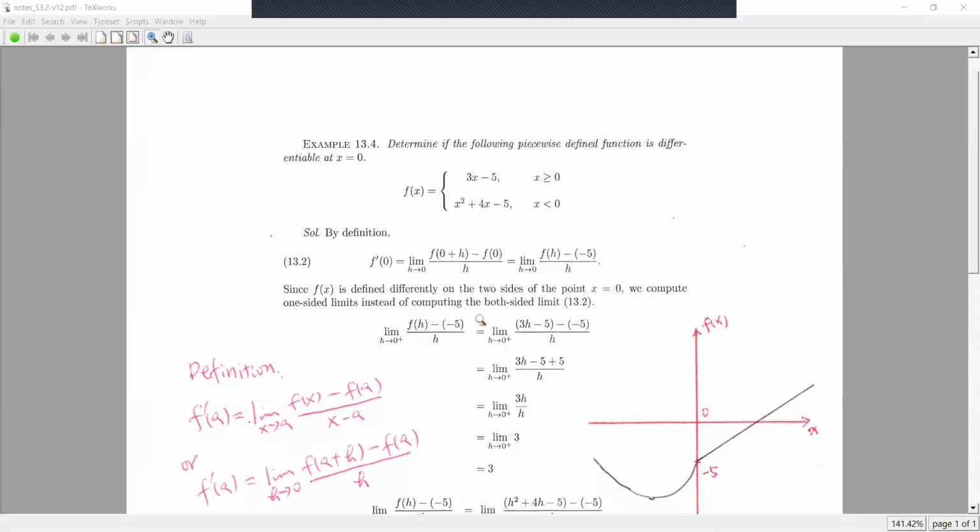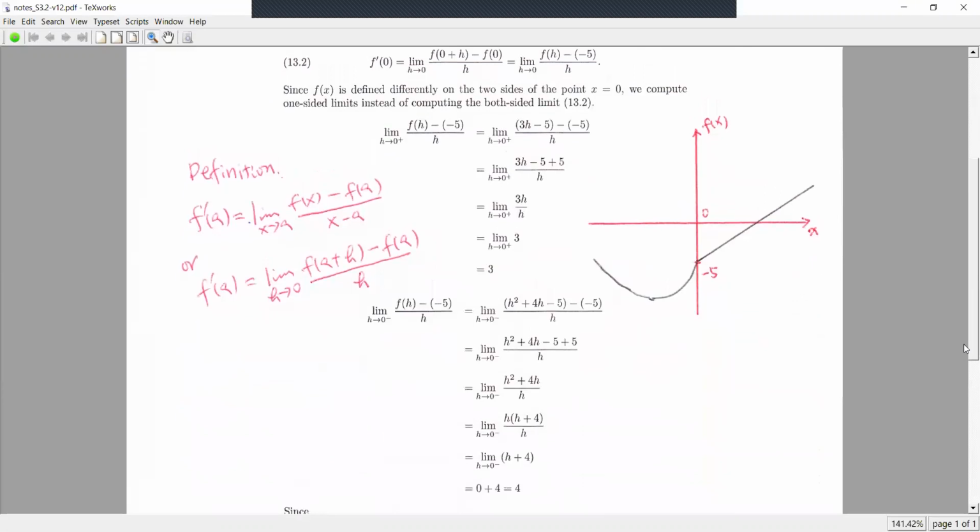So I have this equation. Now cancel -5, then I have this equation. Cancel h from the top and from the bottom. I have this equation. The function now is a constant. As h approaches 0 from the right side, the limit is the number 3. So the right-hand side limit is number 3.